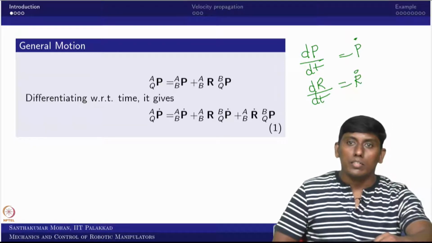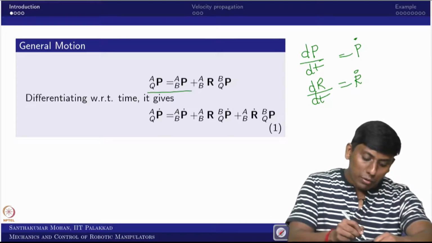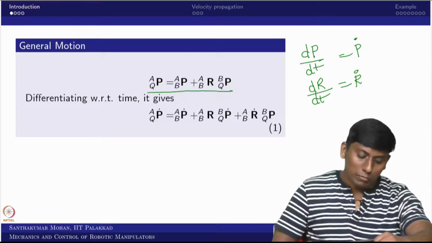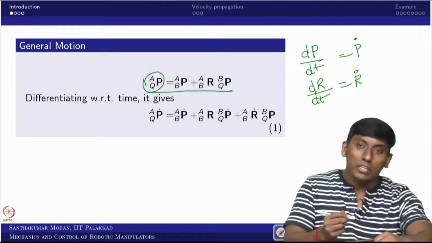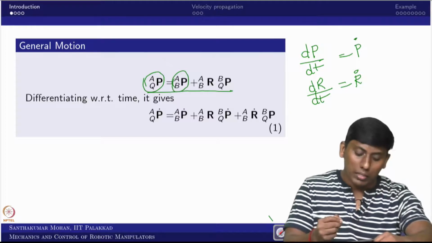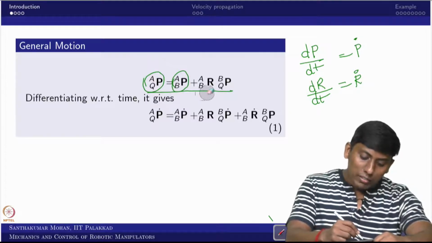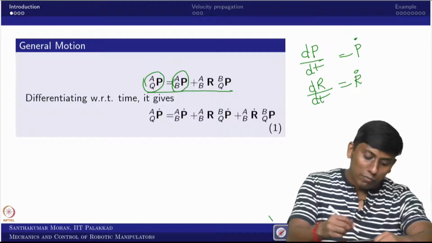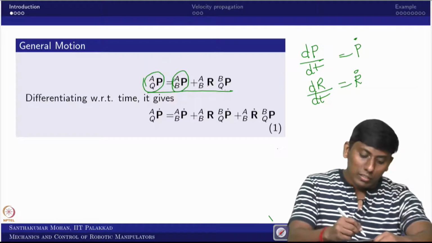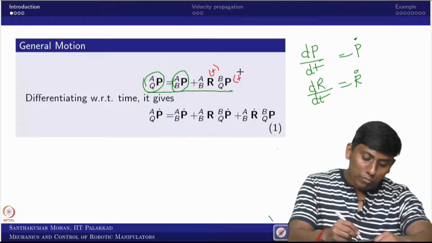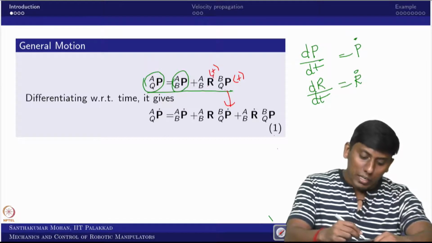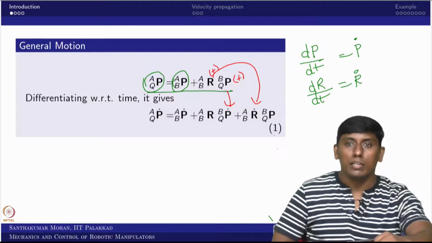If we differentiate this equation with respect to time, this dot will come and this dot will also come. This is a function of time and this is also a function of time. So first we will take the position derivative, then we will take the rotation matrix derivative.